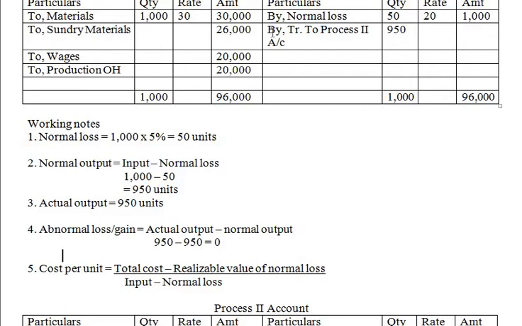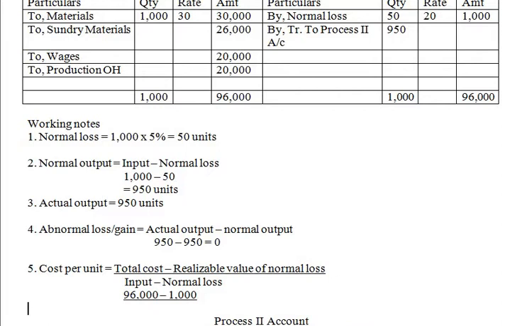Now again we need to find out cost per unit over here. So the formula is total cost minus realizable value of normal loss divided by input minus normal loss. So the total cost is 96,000 minus 1000 realizable value of normal loss, then divided by input.